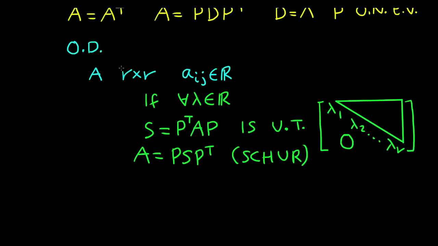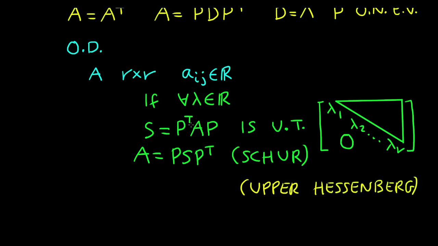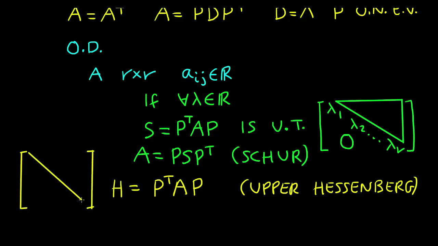And for a matrix A with real entries, there's another decomposition called the upper Hessenberg decomposition. So similar to the Schur decomposition, we have an orthogonal matrix P multiplied by the matrix A multiplied by P, but in this case we end up with a matrix H. So this square matrix has a main diagonal, and below the main diagonal we have a subdiagonal, and all entries below this first subdiagonal are 0.